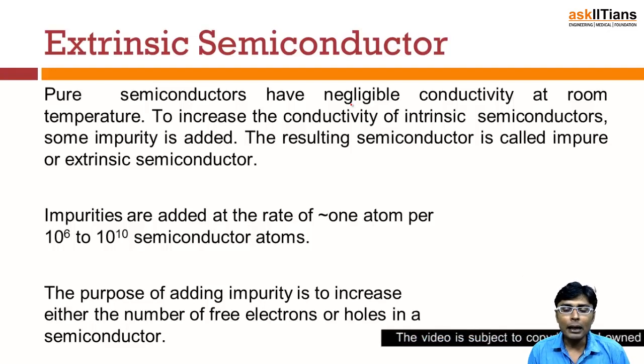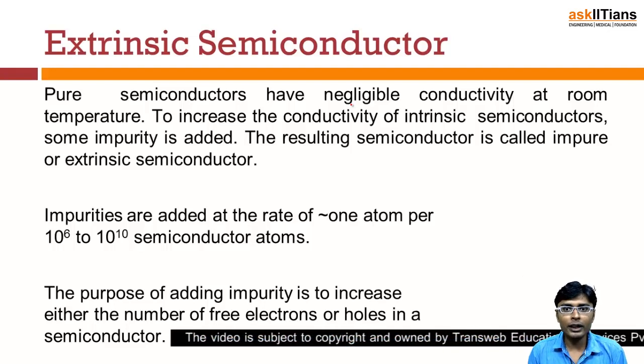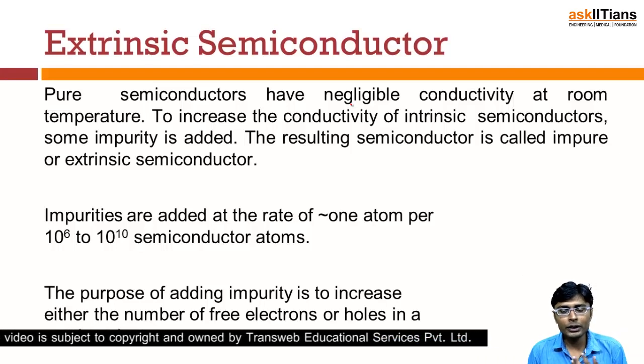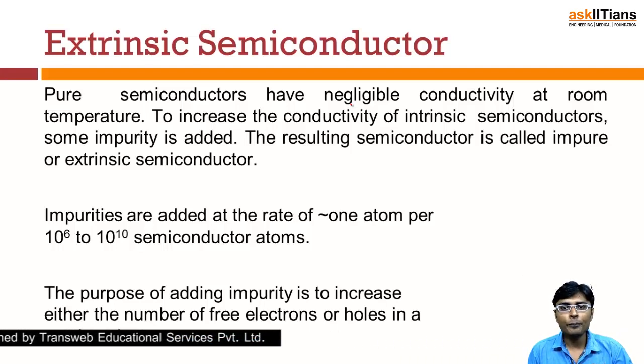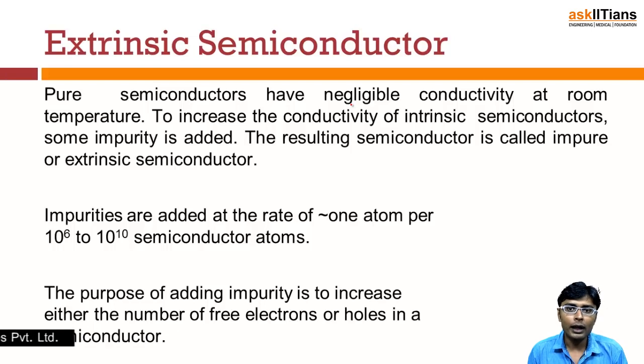Even if we increase the temperature, due to thermal agitation there will be a formation of electron-hole pairs, but only a few in number. Even if we apply an external voltage, the electron-hole pairs generated will not be sufficient for good conductivity.